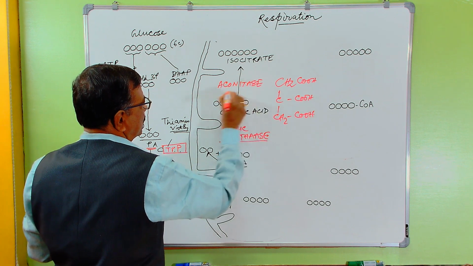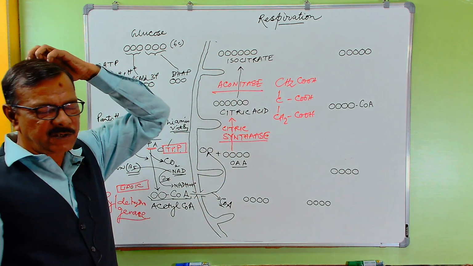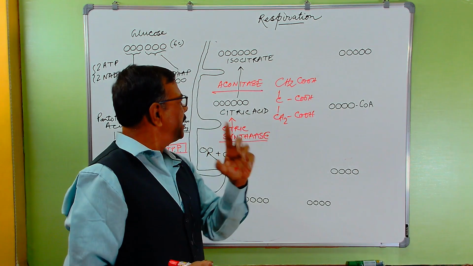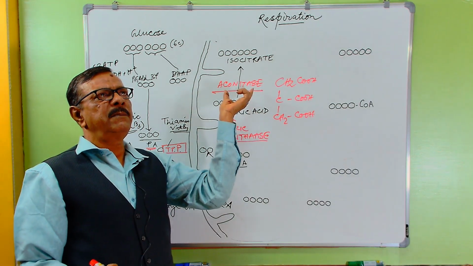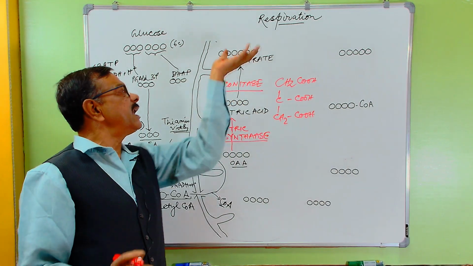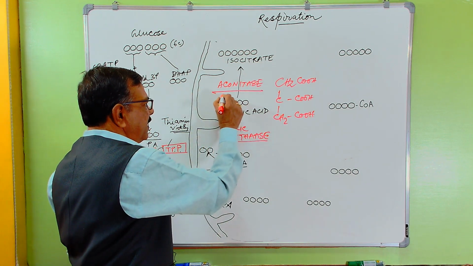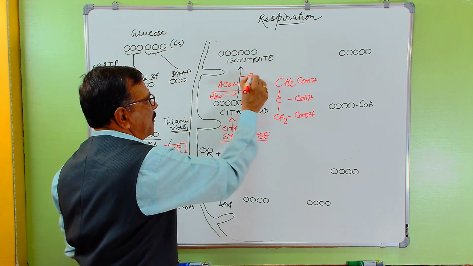The enzyme is known as aconitase. With the help of aconitase, isocitrate is formed; they are all isomers. In some books we will come across citric acid becoming cis-aconitic acid, then isocitric acid. In between there is a step wherein some H2O enters and H2O goes out.